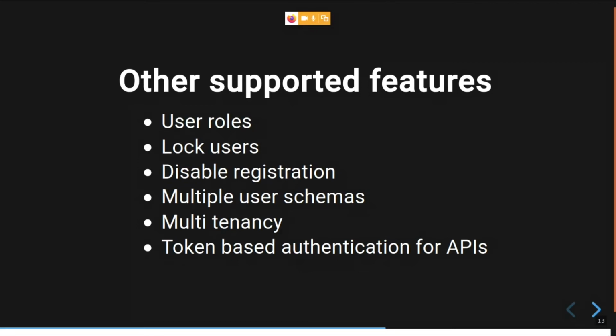To implement this, one approach is to use a single user schema and add a boolean field like is admin or is backend user, and just filter the login based on the is admin boolean field, so that only users with is admin checked true will be able to log in through the admin panel, and all other users will only be able to log in through the public portal.